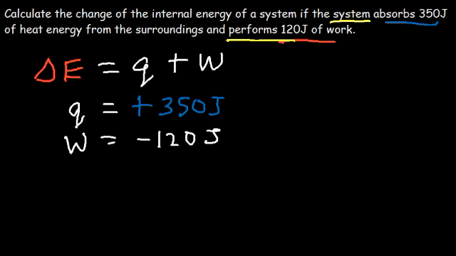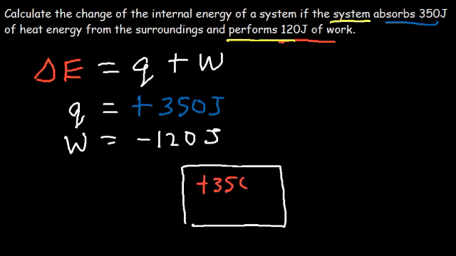You can think of this like a bank account. When a system absorbs heat, in this case 350 joules of heat, imagine making a deposit of 350, so your account balance goes up by 350. Now let's say you want to paint a room in your house. You've got to pay money to get that work done.